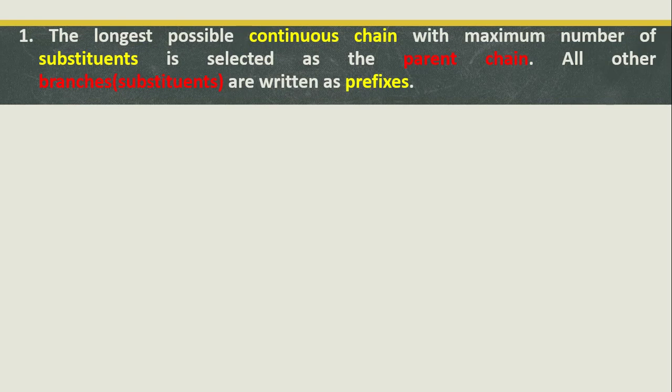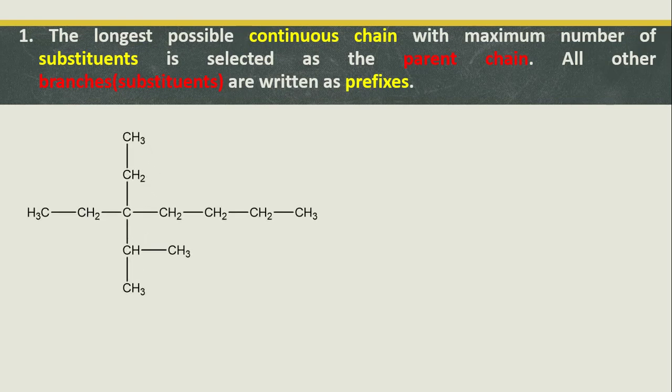Okay, in the example we are seeing that there are so many possibilities of numbering. There are 7 carbons on the longest continuous chain. However, there are 3 possibilities of selecting the parent chain.